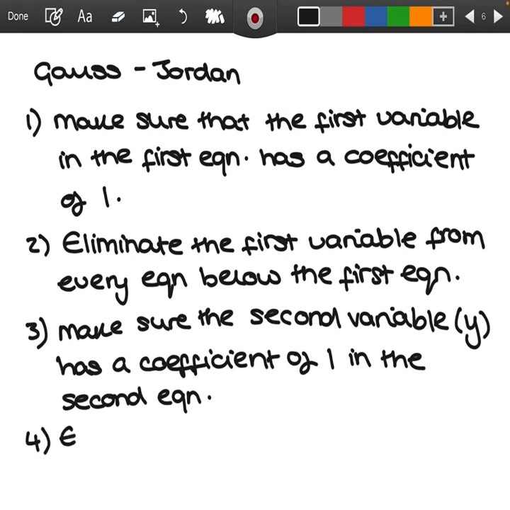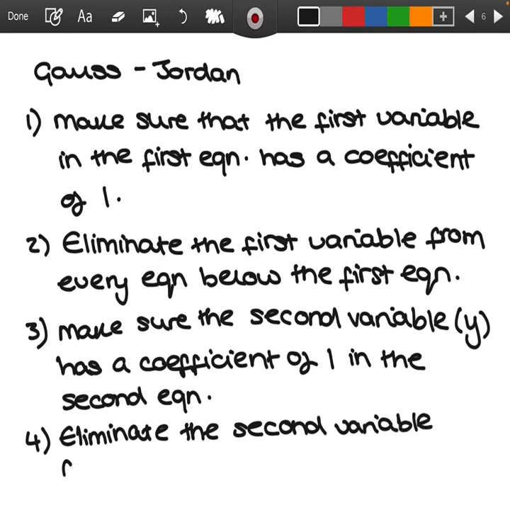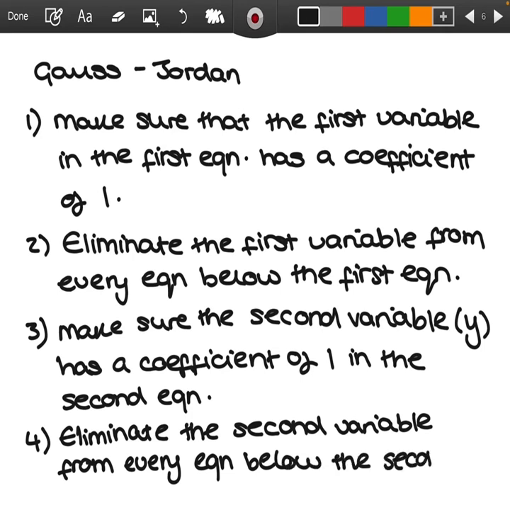Then you're going to eliminate that second variable from every equation below the second equation. You're going to carry on in this way for your third variable, your fourth variable, etc. So you carry on in the same fashion until you have this upper triangular form.